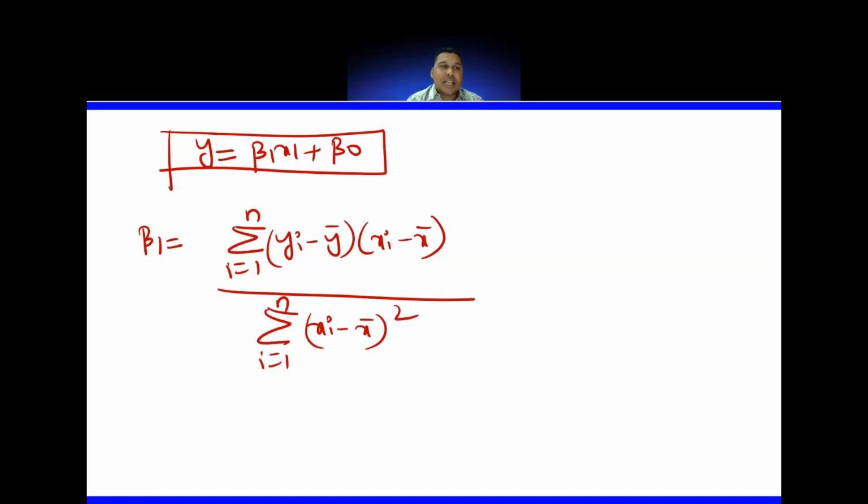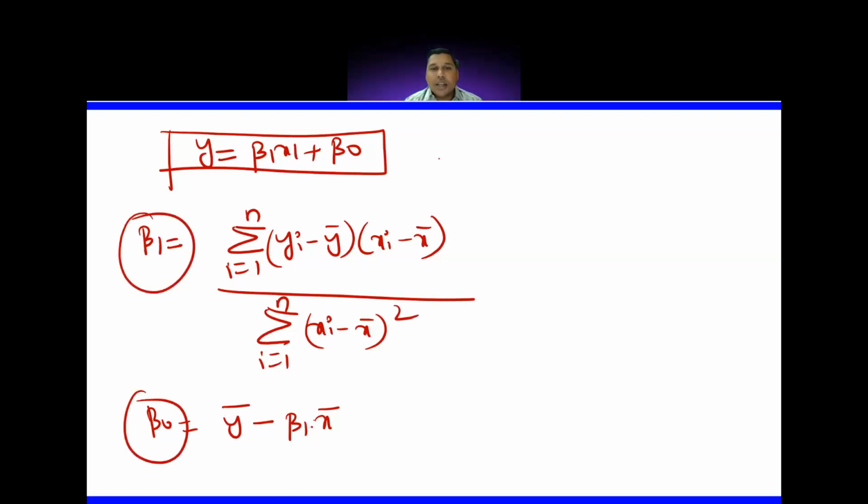Given the values of x and y, you can find beta 1 using this, and you can find beta naught by doing y bar minus beta 1 into x bar. This way you get the values of beta 1 and beta naught.